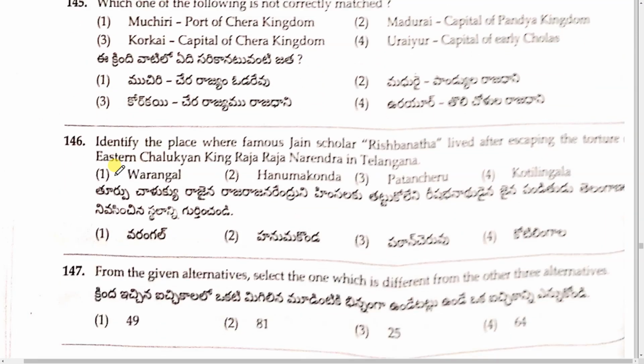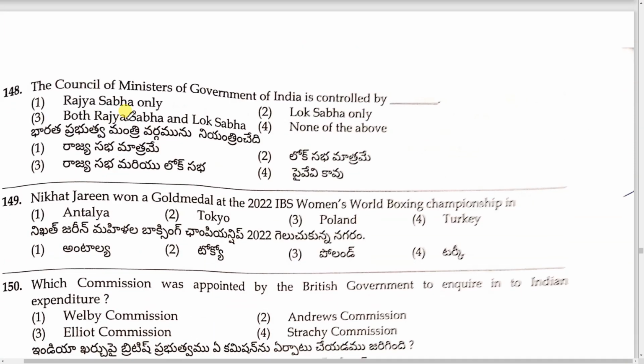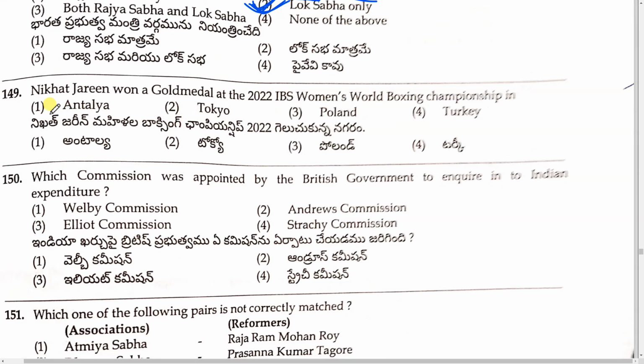Next question: the Council of Ministers of the Government of India is controlled by. It is very simple. It is controlled by the Lok Sabha only.